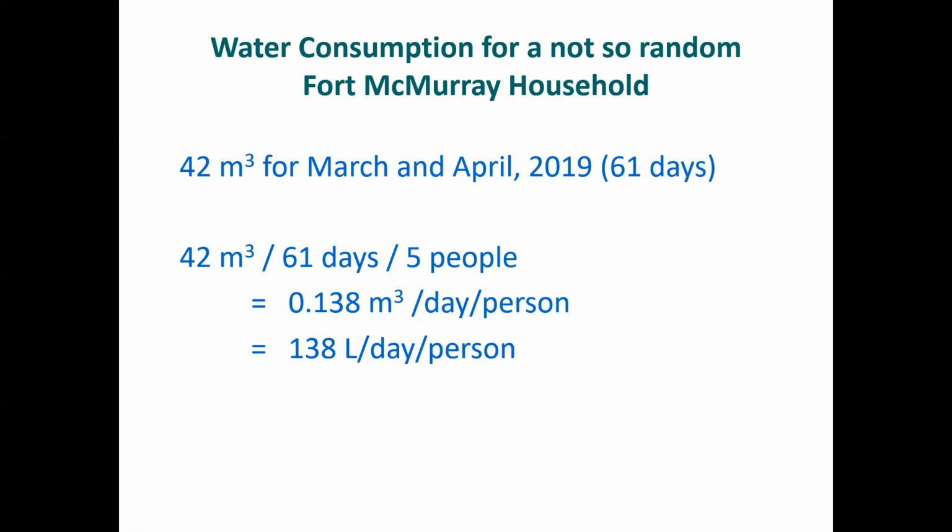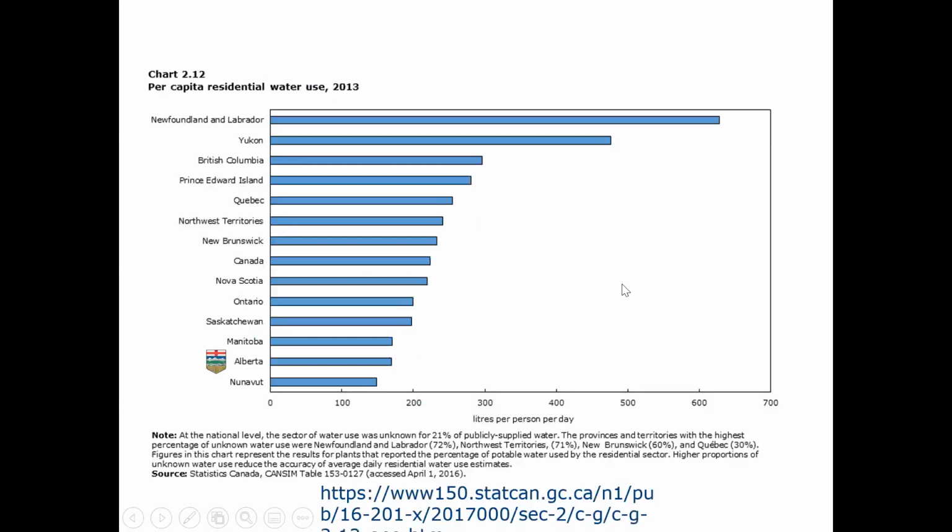So I did the math on this, and that was the number I came up with. Like I said, I don't know where the numbers come from, but when I found this stat, I did the calculation. It's certainly a lot less than 200, and I don't know whether that's because there are newer homes in Fort McMurray or not. But anyway, I find numbers interesting, but sometimes the stats aren't always reliable.